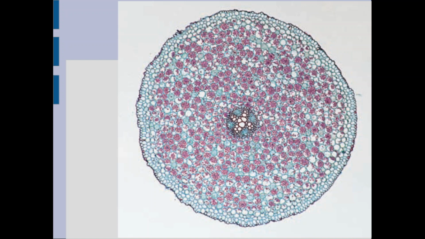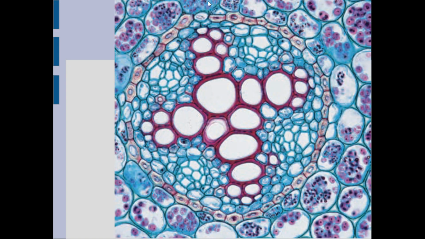And the inner layer of the cortex, the endodermis, is a single layer of cells that is located around the stela in the central part.